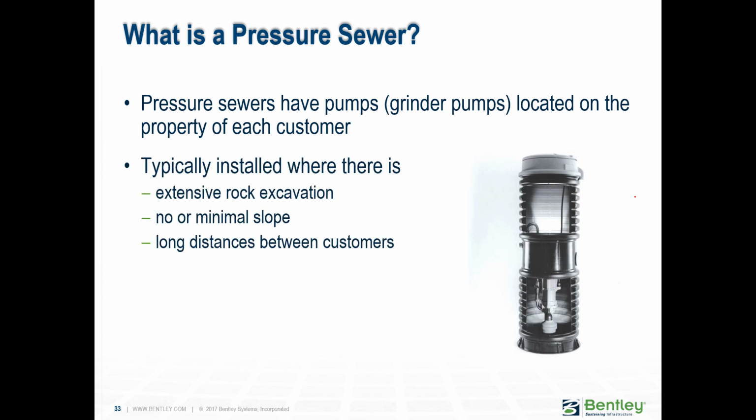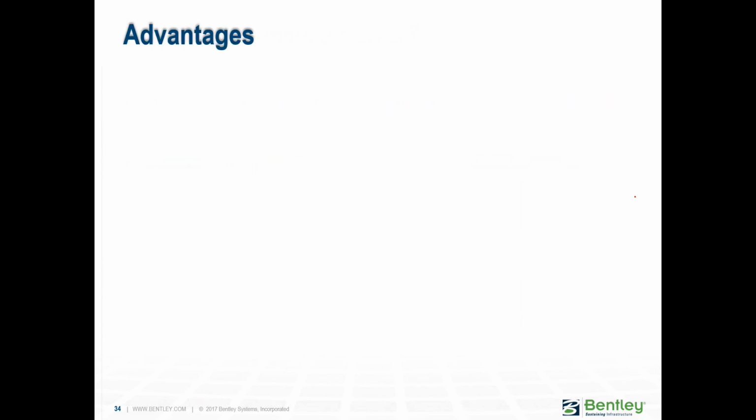And the reason you put them there is because maybe it's a very rocky area where it'd be really expensive and hard to excavate and put gravity sewers. Or maybe there's no slope. Maybe you're at a lake or something, and you don't want to have the possibility of contamination. Or maybe your customers are so far apart that laying a big pipe and manholes would be costly, so you decide to do a pressure sewer.